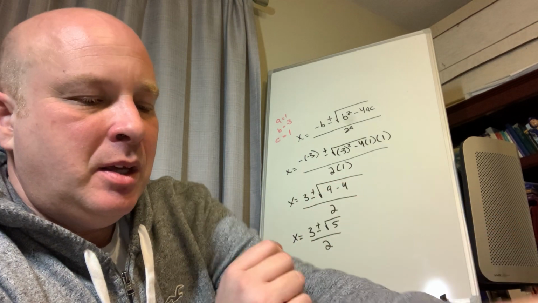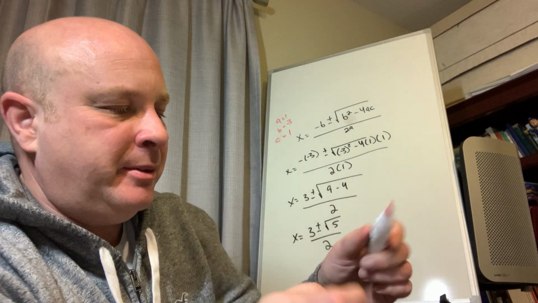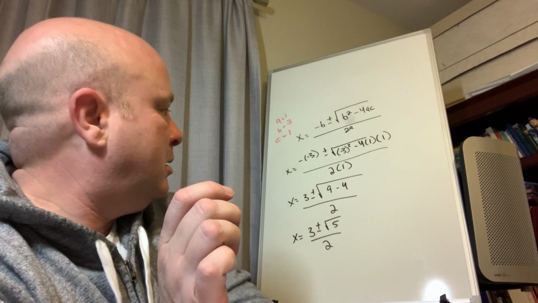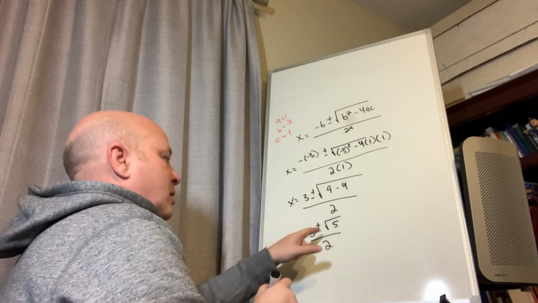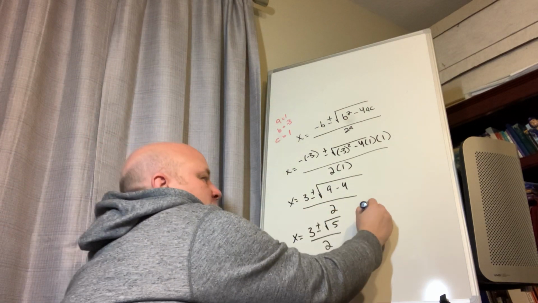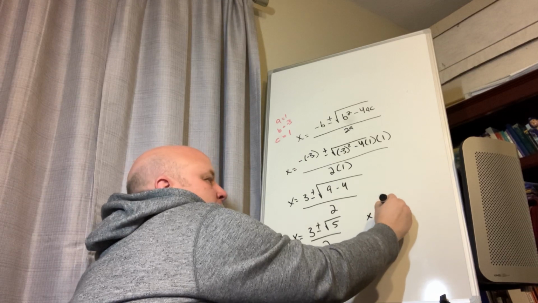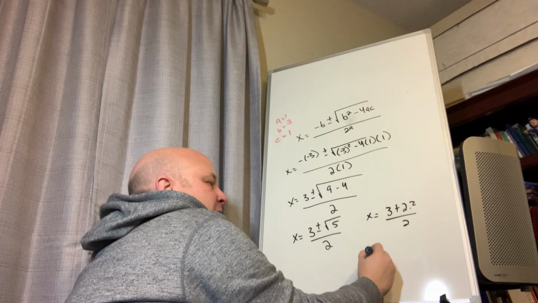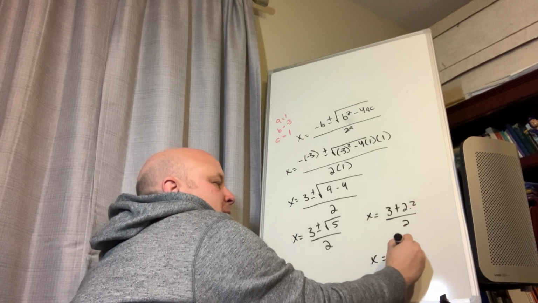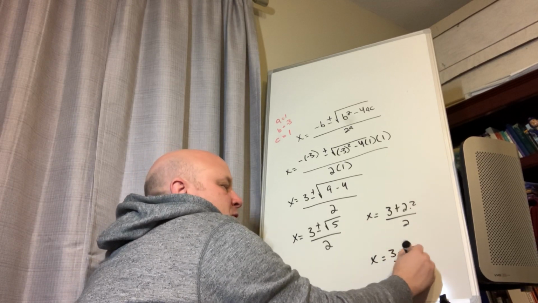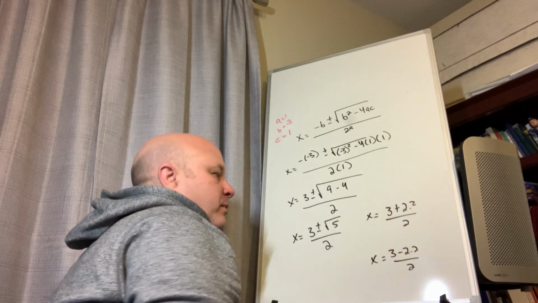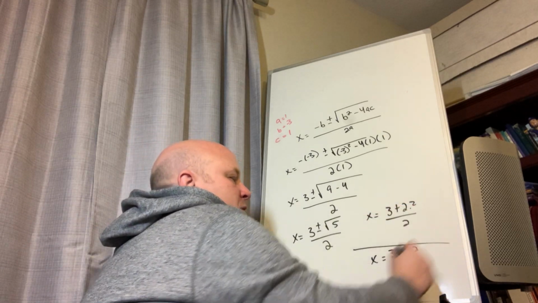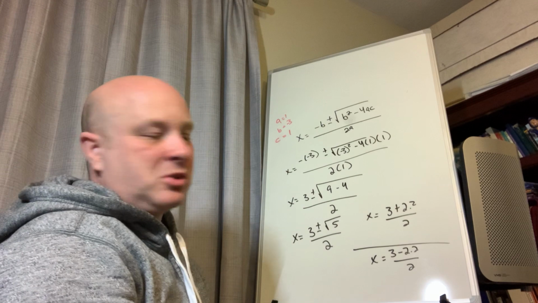All right? So I'm going to say x equals 3 plus 2.2 over 2, and x equals 3 minus 2.2 over 2. Okay? I'll make a little line there so we don't get confused.